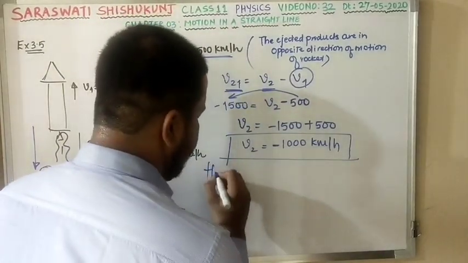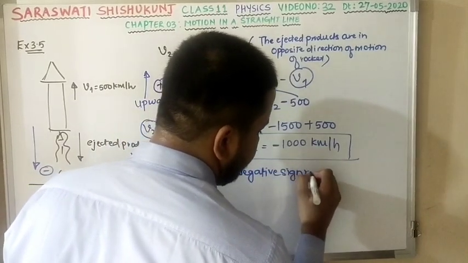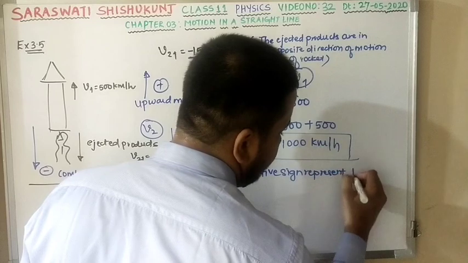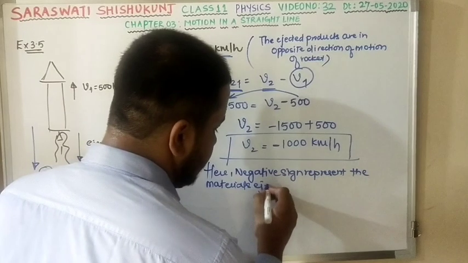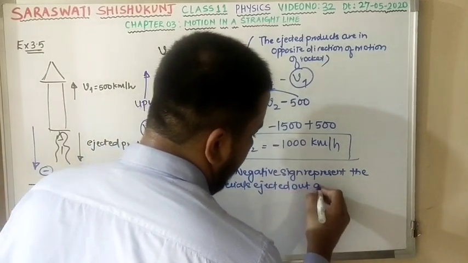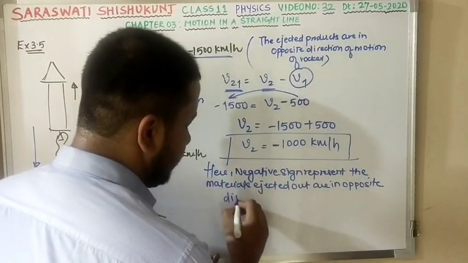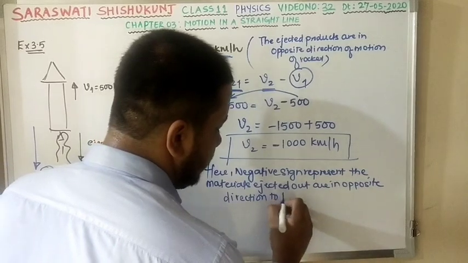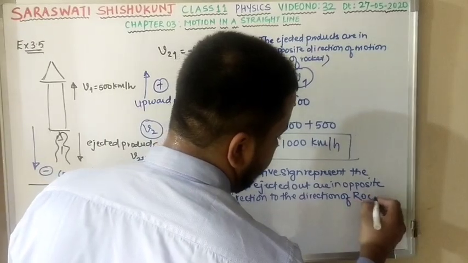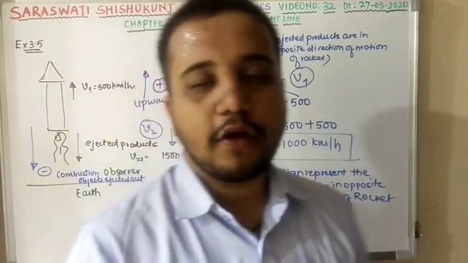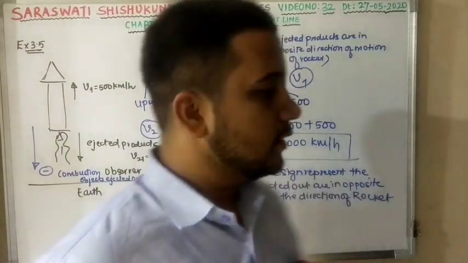So here the negative sign represents that the materials ejected out are in the opposite direction to the direction of the rocket. Clear? The direction of the rocket is upwards. Ejected material is downwards. They are opposites. Yes or no? So this is minus.